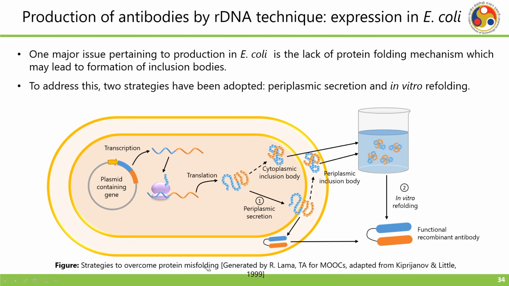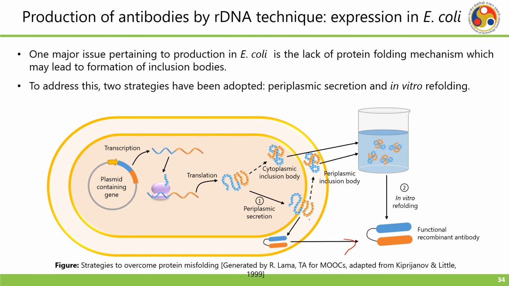So, here this particular protein is allowed to go for periplasmic secretion, where it gives the functional recombinant antibody. Then in the other case it goes into the cytoplasmic inclusion body, which we can also separate out.